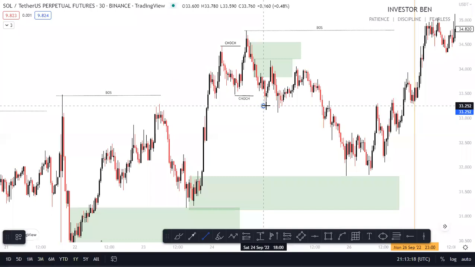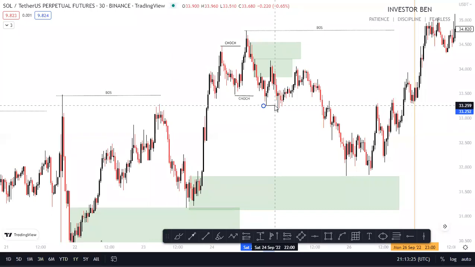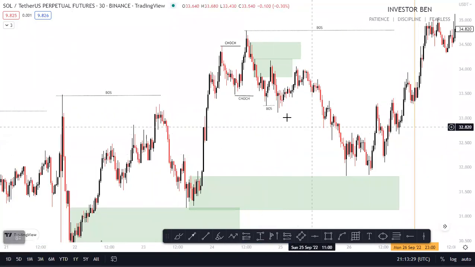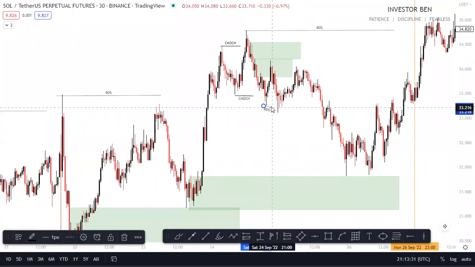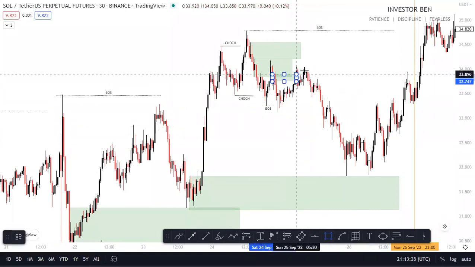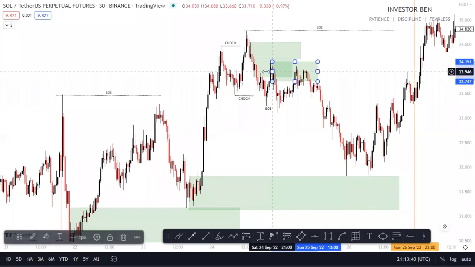After that, price broke structure to the downside. We had our BOS to the downside, and as we broke structure, this other supply zone became a valid supply zone to sell the market.